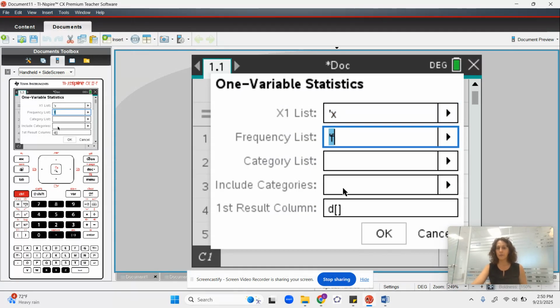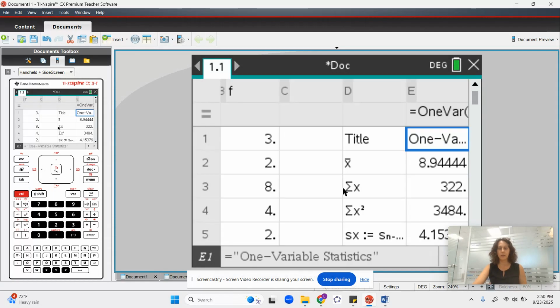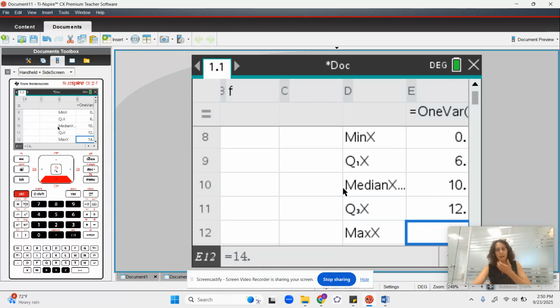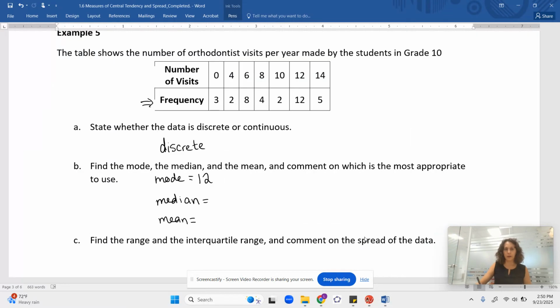So I'm going to put F there and just click enter. I have the mean is 8.94 and the median is 10. So I have the mean and the median both here. Remember, mean in the calculator looks like this, X bar, which is 8.94. And the median the calculator told us was 10.